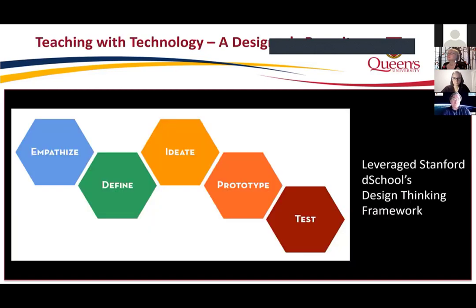So I've been using Stanford d.school's design thinking framework, again, something that's fully across our campus in many instances. We can usually get through one iteration of this process. A key feature of it is the empathizing at the beginning, kind of doing an ethnography with the clients that we pull into our courses.